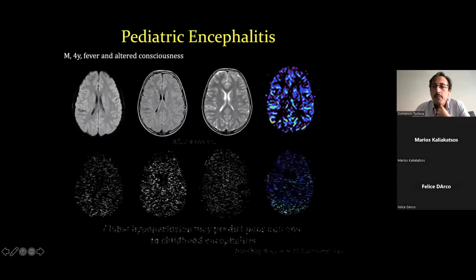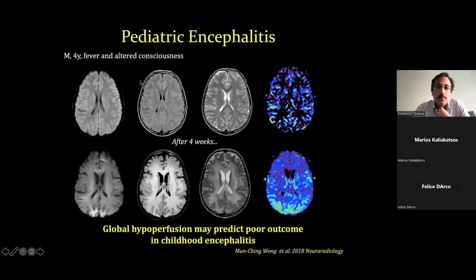And this is an important pattern, because the presence of global hypoperfusion at clinical onset is, in many cases, associated with a poor clinical outcome. These are images of the patient after a month, with wide abnormalities involving the white matter, a leukoencephalopathy, and areas of cytotoxic edema involving the posterior region of the brain.